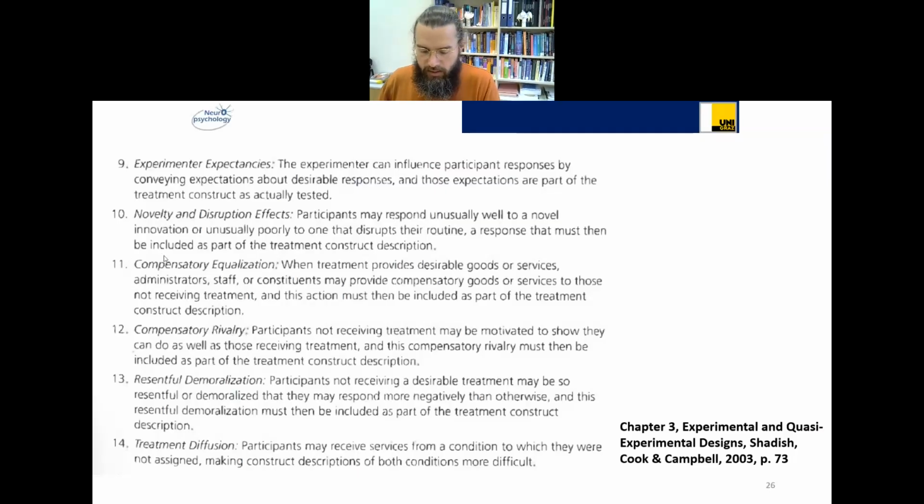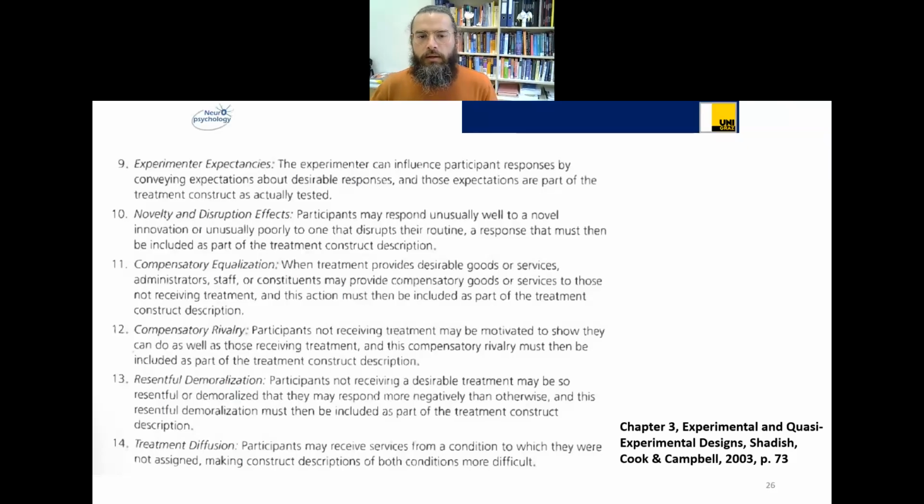But you can also observe compensatory equalization, if these expectations come not from the participants but from the experimenters. Let's say in a clinic you got new equipment to perform some kind of therapy, and because it looks so shiny and is new and very expensive, people expect that it will work better than the older equipment.